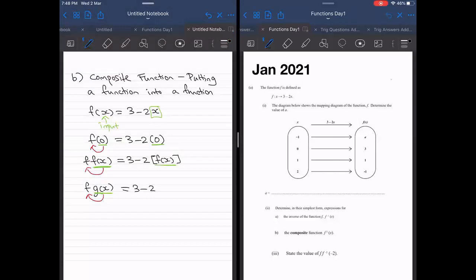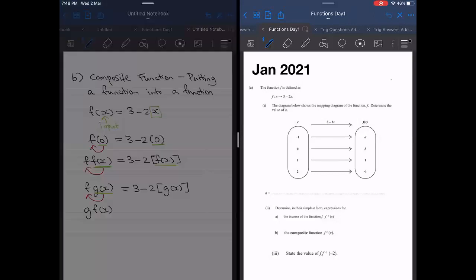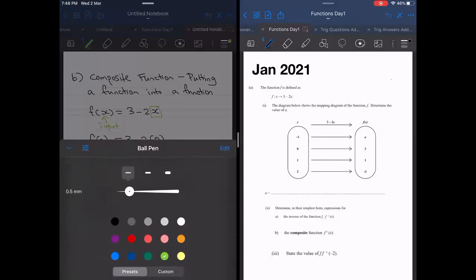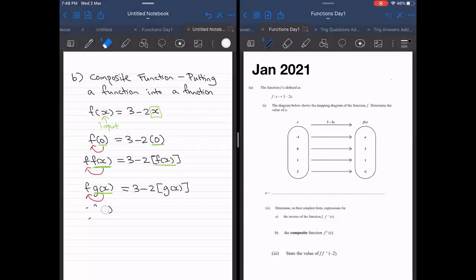Wherever we see x, instead we would put g of x. If it was g of f of x, I'll leave that for another question, since you only have the f's. I'm just showing you, for example, and we'll get into what that looks like.